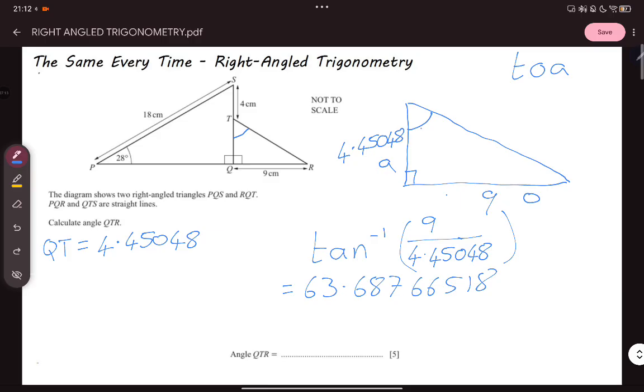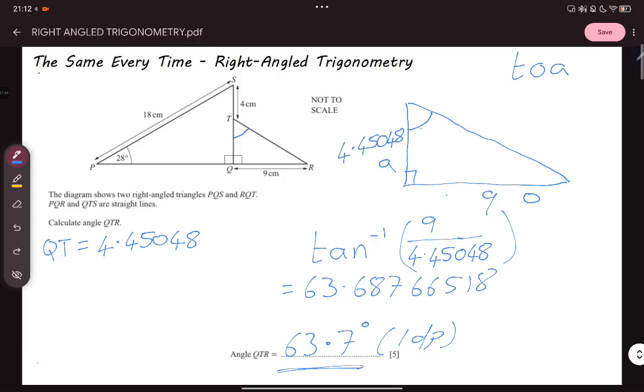If you used a slightly truncated answer, you may get the last few digits slightly different, but that's perfectly acceptable on an exam. So the angle, I'm going to write my final answer to a sensible degree of accuracy, 63.7 degrees. And I'm rounding that to 1 decimal place. 1 decimal place is sensible for angles in degrees, but always do go back to the question and just check to see whether or not they have asked you to round in a particular way.